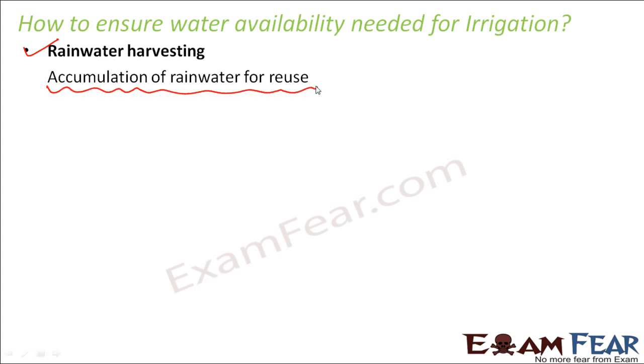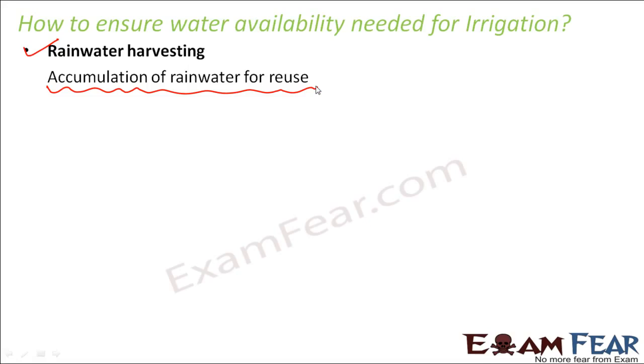can be used later. So whenever we need it, maybe let us suppose it rained now, but the farmer wants to irrigate the land next month, and next month it is not raining. So now you will say that okay, I will artificially irrigate my field, but for that you need water, correct?